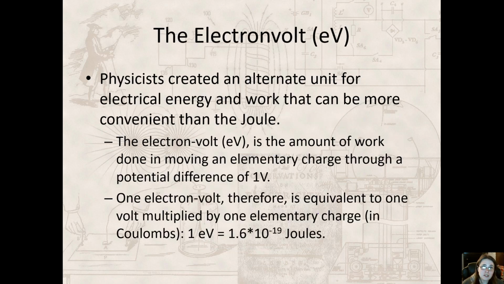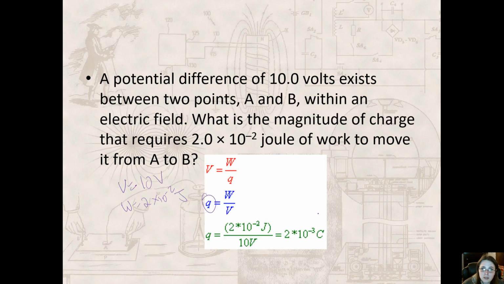So then we can talk about the electron volt. Physicists created an alternate unit for electrical energy and work that can be a little bit more convenient than joules, because if you noticed here, this is times 10 to the negative 3 coulombs, and that's kind of small. So maybe we want to use an electron volt.